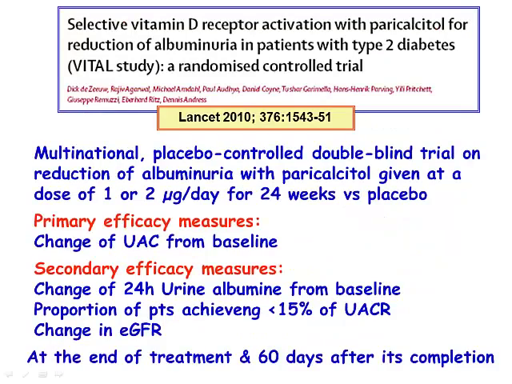Finally, another possible drug which may reduce proteinuria is paricalcitol, which is an activator of the vitamin D receptor. This was published a couple of years ago in the Lancet. This is the result of a multinational placebo-controlled double-blind trial using 1 or 2 micrograms per day for 24 weeks versus placebo.